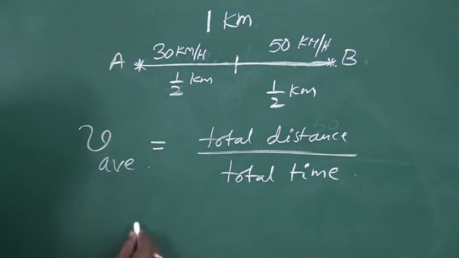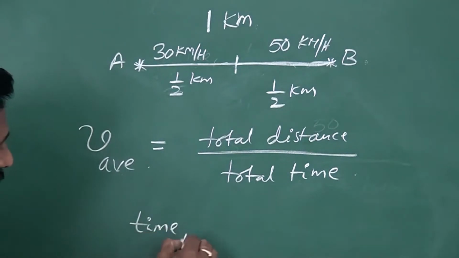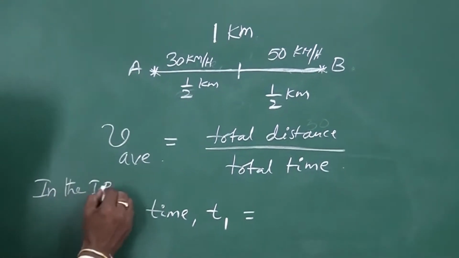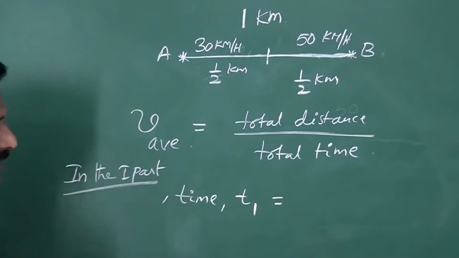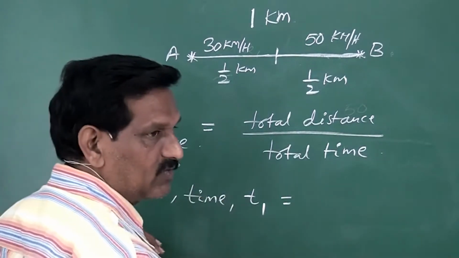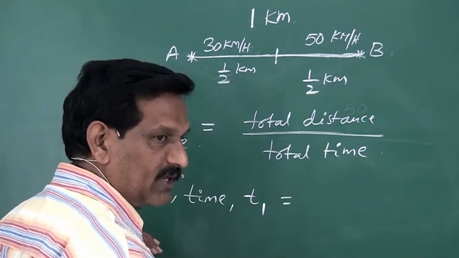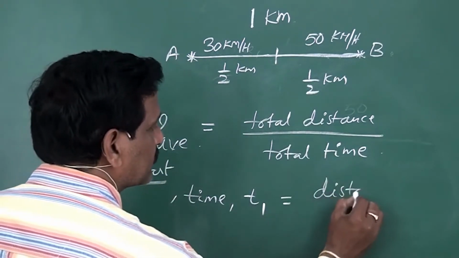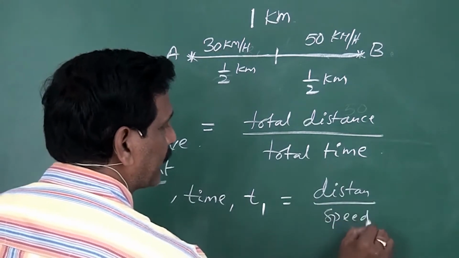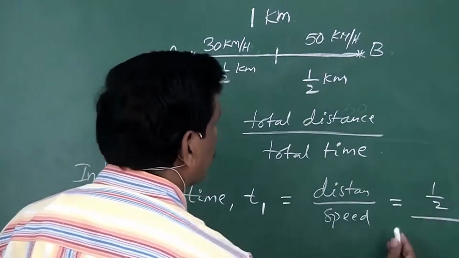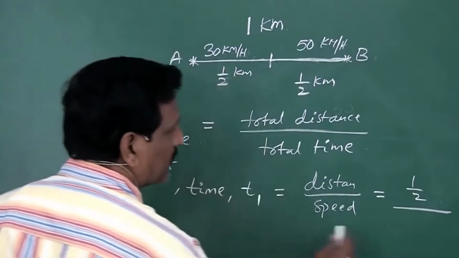So in the first case, the time taken, say t1, in the first part. Speed is equal to distance by time, therefore time is equal to distance by speed. So here the distance is half kilometer and the speed is 30 kilometer per hour.